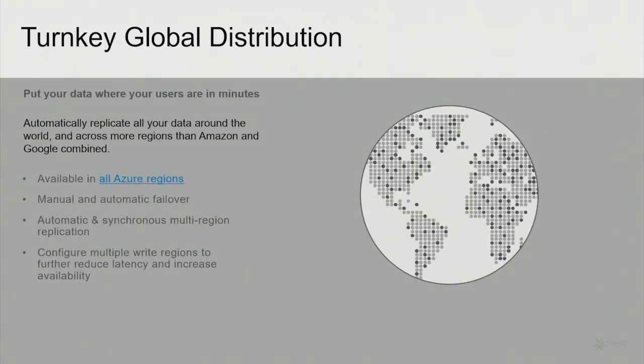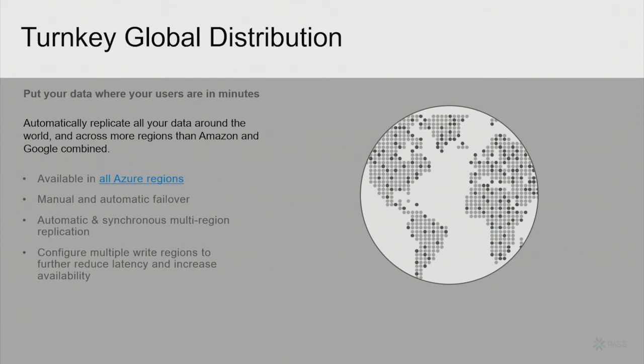As I said, turnkey. I'll show an example where I click on a couple of different buttons and I bring up some additional data centers. I think we can do like 10 terabytes within an hour into a new zone anywhere in the world. So 10 terabytes of data. Click on a button, within an hour it's going to be fully provisioned in another data center. Under the covers, replication is all handled for you.